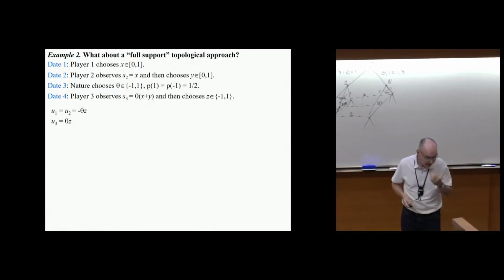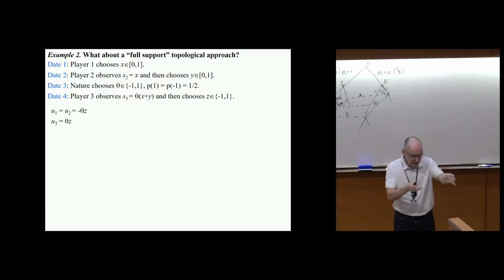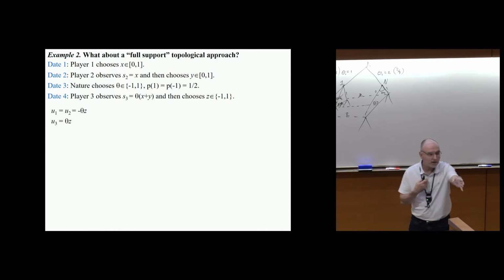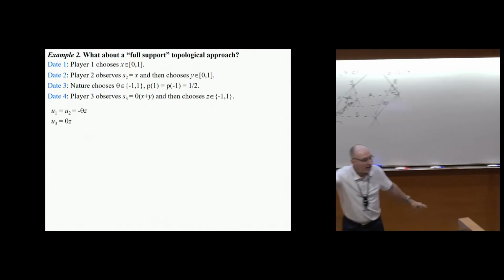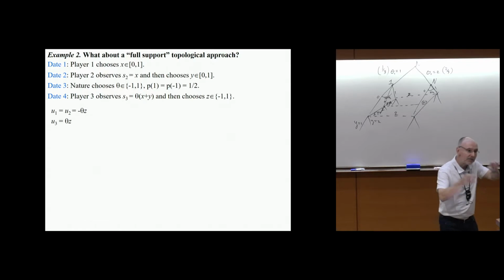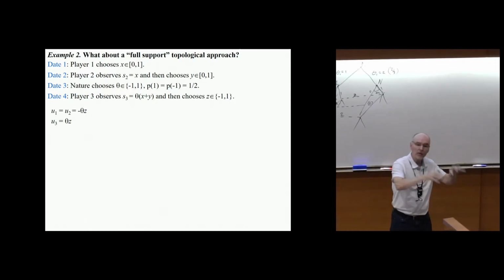What are the payoffs? The two of us, players 1 and 2, have common interests. Theta is nature's choice, z is the choice of player 3, and theta and z are each either 1 or -1. We would like those numbers to be opposite one another. We would like player 3 not to coordinate with nature.